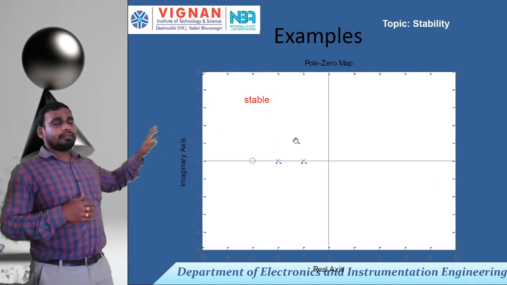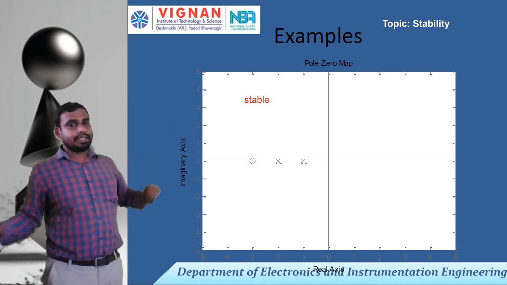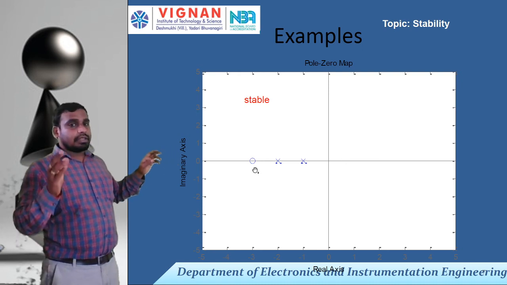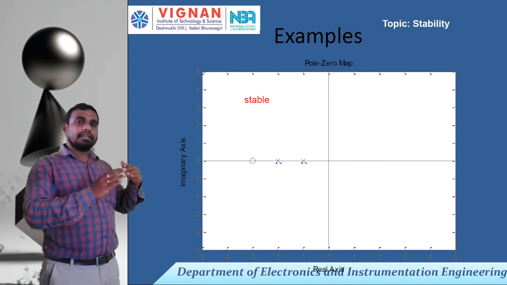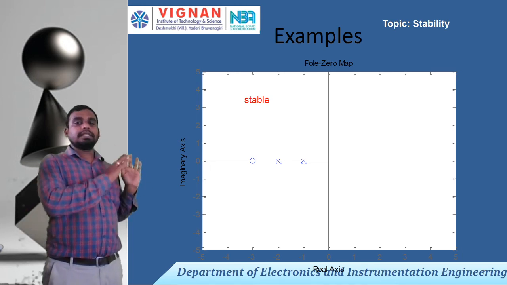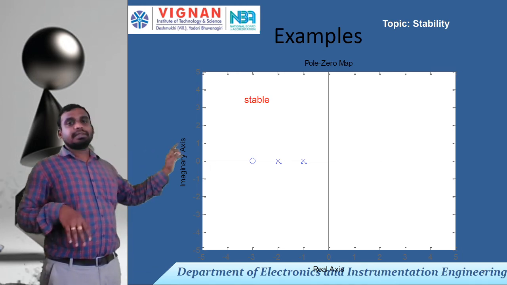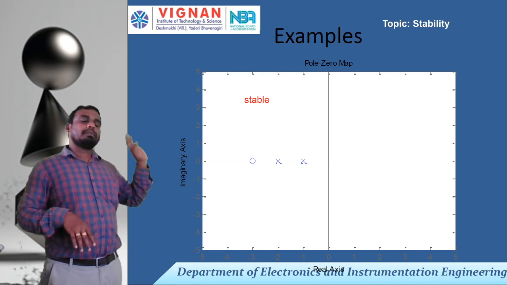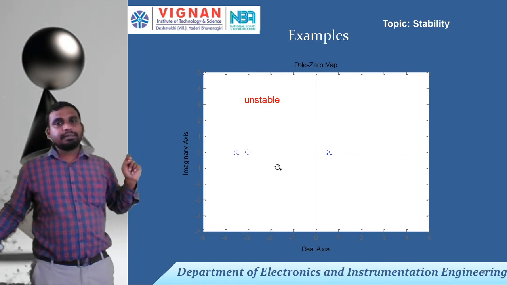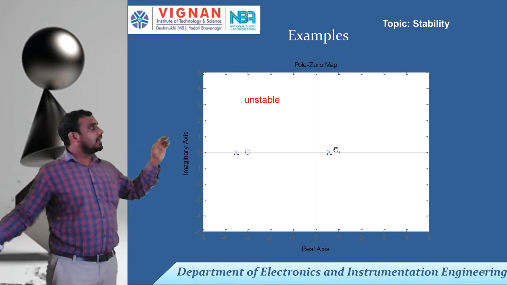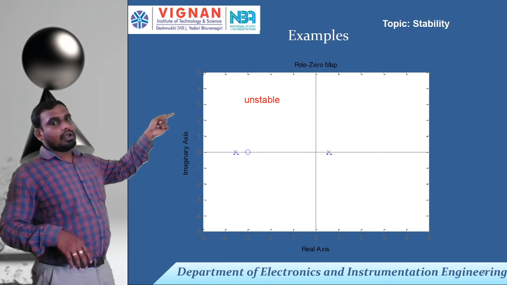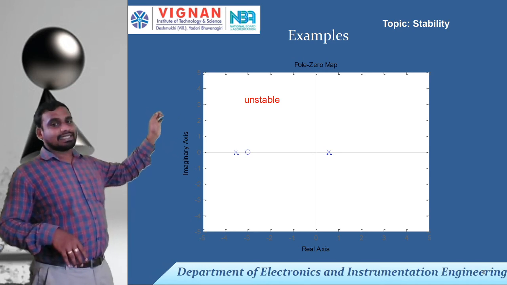Even if I consider the zero here, as I said, when I am calculating absolute stability, whatever the position of the zero, it doesn't matter to me. The system is still stable because we are bothered only about the pole location. Similarly, if you see here, there is a pole and a zero on the left hand side, and one pole on the right hand side.